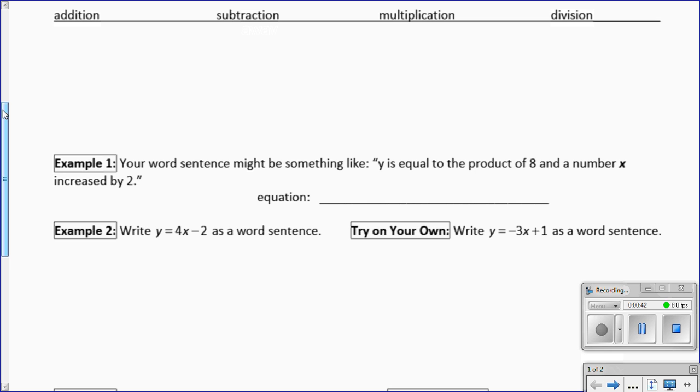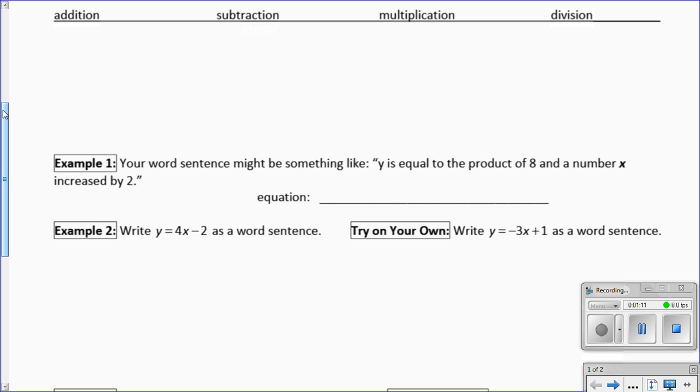So with translating, there are a lot of correct answers for translating. If you're going from math into words, there are so many different words that can mean all of these operations. So if you go from math into words, I'll be paying close attention to what you actually wrote out and making sure it matches correctly.